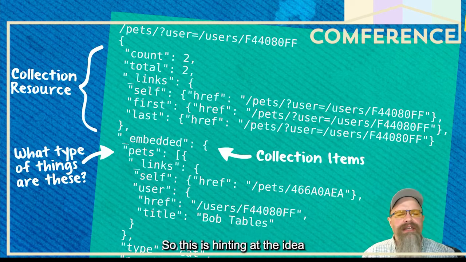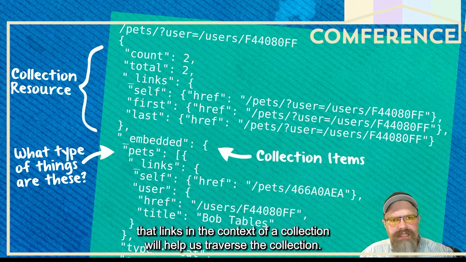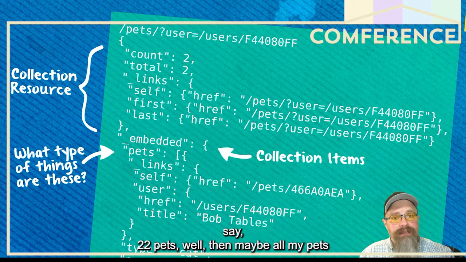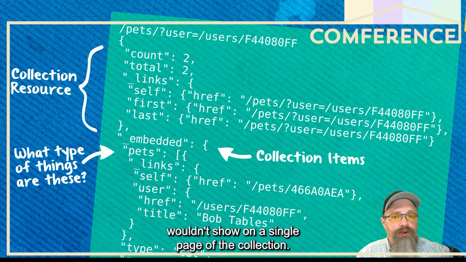So this is hinting at the idea that links in the context of a collection will help us traverse the collection. Now, if I had a very different perspective on life, and instead of 2 pets I had, say, 22 pets, then maybe all my pets wouldn't show on a single page of the collection.